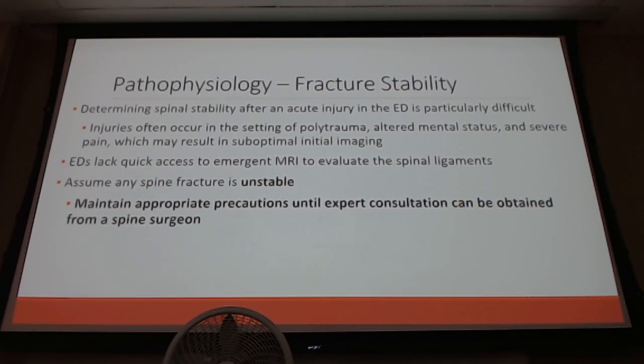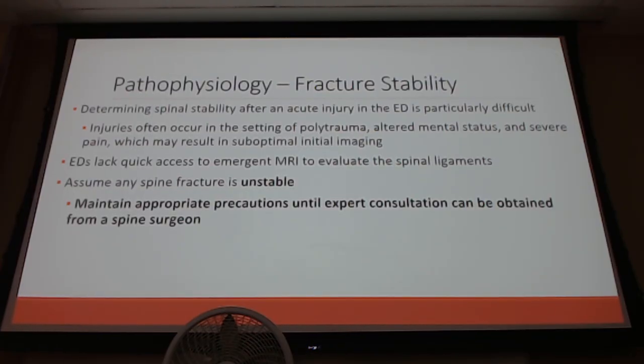A lot of times with MVCs we'll have polytrauma, so sometimes these can go unnoticed, or they might have more significant injuries that we have to evaluate first. Unfortunately, for our spinal ligaments, MRI is going to be the best test, which we don't typically have emergently in the trauma room or emergency department.